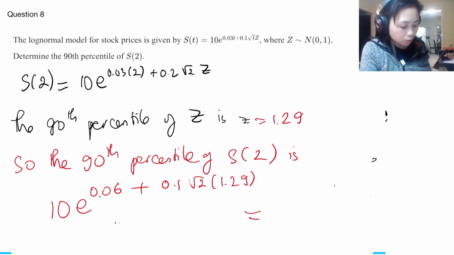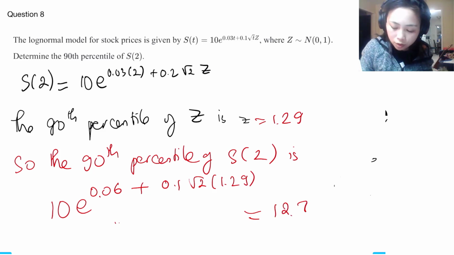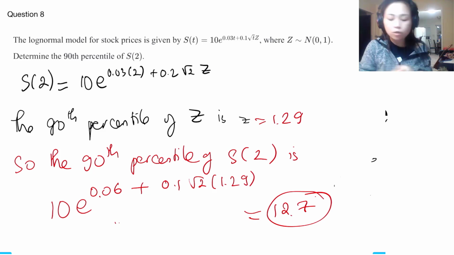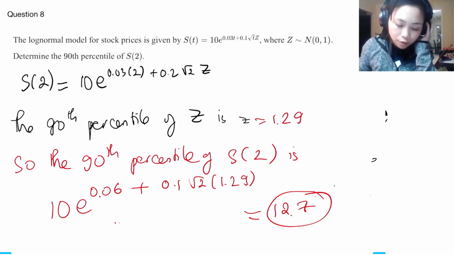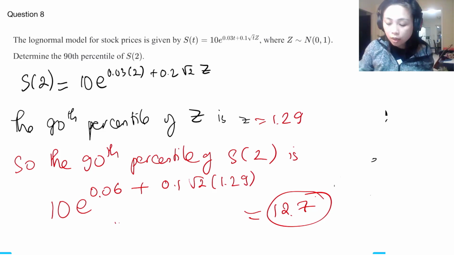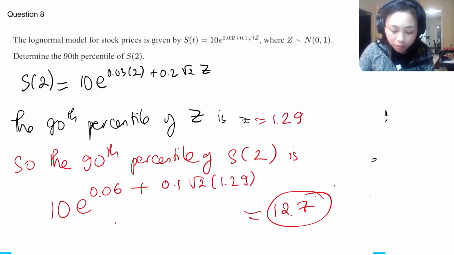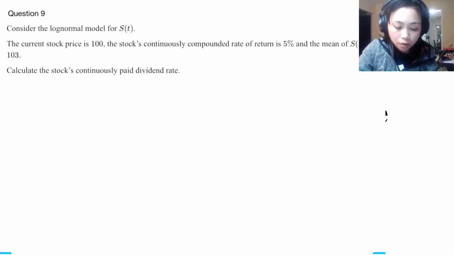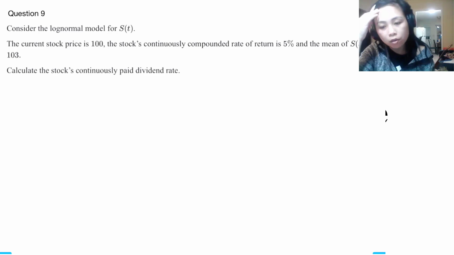We consider the lognormal model for S of t. The current stock price S of 0 is 100. Let me erase it. My handwriting is so bad. The stock's continuously compounded rate of return is 5%. So R is 5%. And the mean of S of 3 is 103. So we got the expected value of S of 3 is 103, right? But do you remember the formula of the expected value?